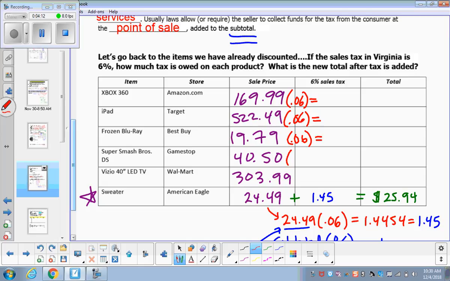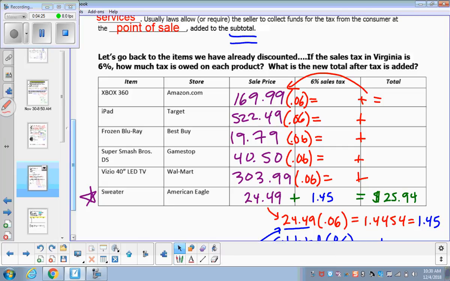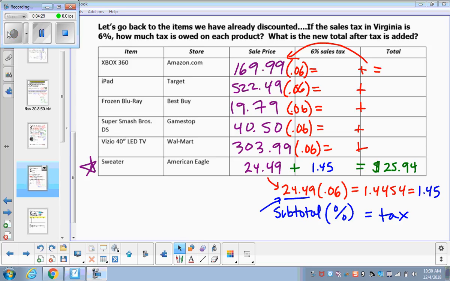Don't forget you have to round that number to the nearest hundredth, and when you've rounded that number, you simply add it to that number, and you get the total. So go ahead and hit pause if you need to. We will go over those answers that you should get at the bottom of page 3.